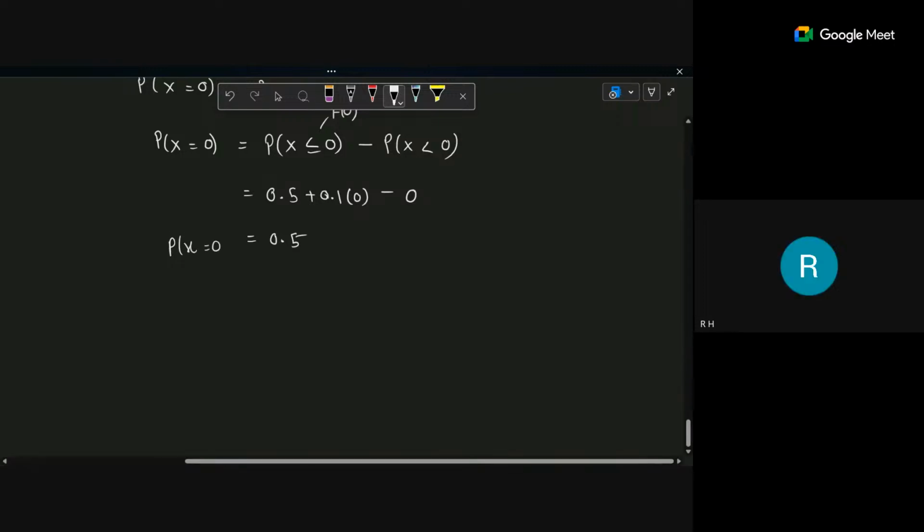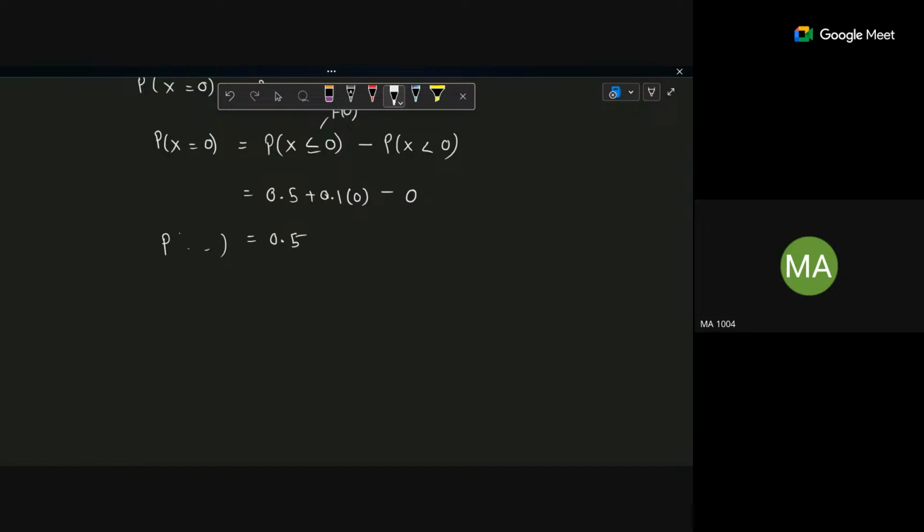For CDF, they will ask you, let's say, probability x less or equal to 0, or f of 0. Both are the same, right? How do you write f of x? It is probability x less or equal to small x, right? Small x, correct.